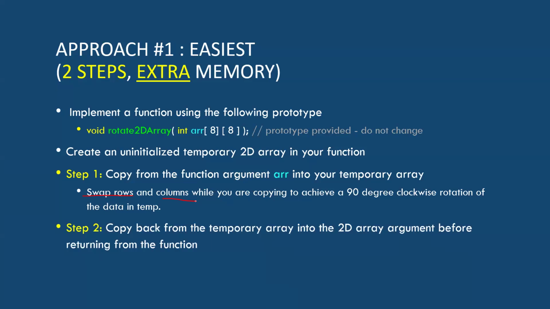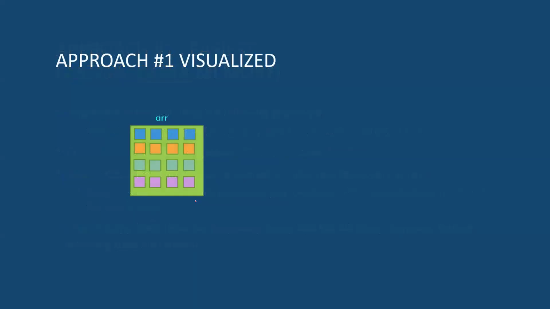So you'll have to figure out how your loop is going to do that as you're going across the row, reading from the original one. You're going to go down the far right column and copy it into that second array. And then you've got to copy it back to the original array before you leave the function. So that's probably the most straightforward way to do that.